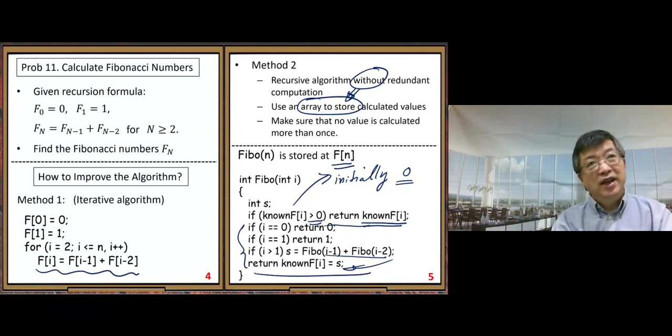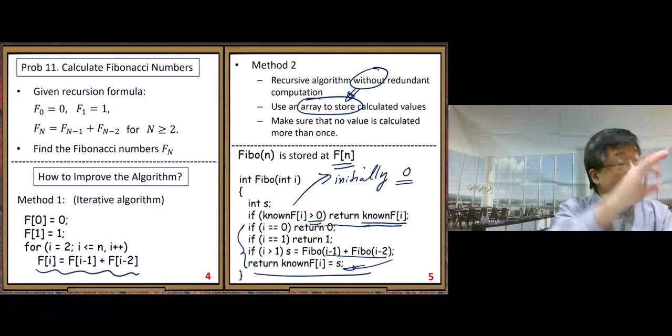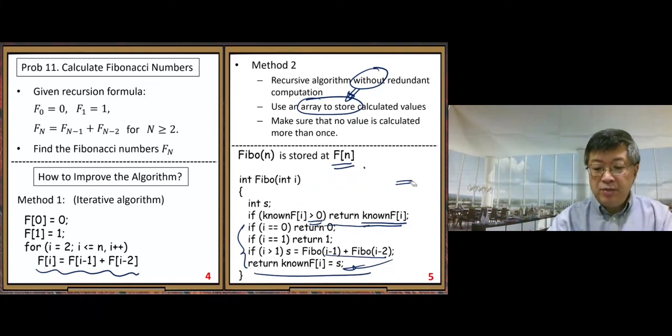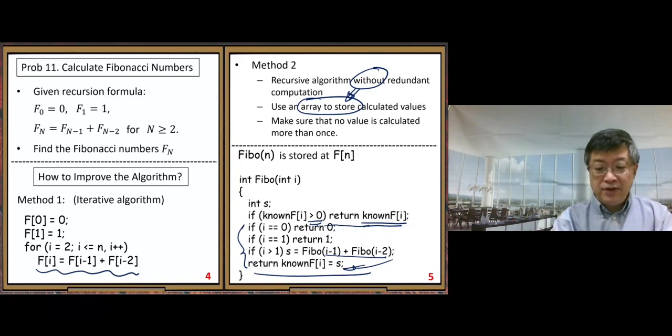So you can see this simple treatment can help us avoid redundant computation. This method is pretty simple, but the idea is big.